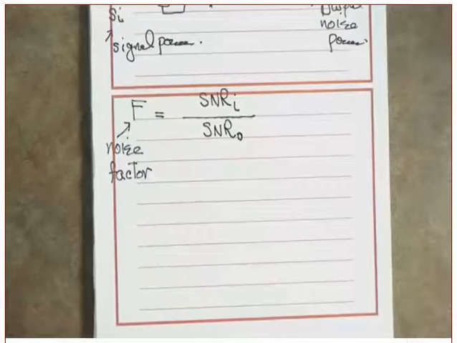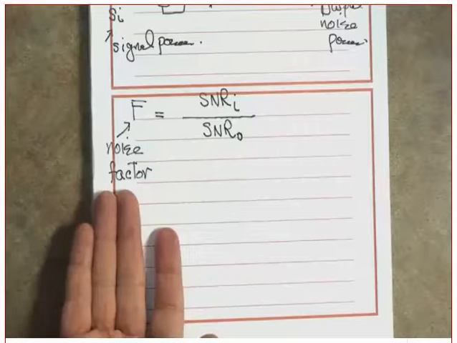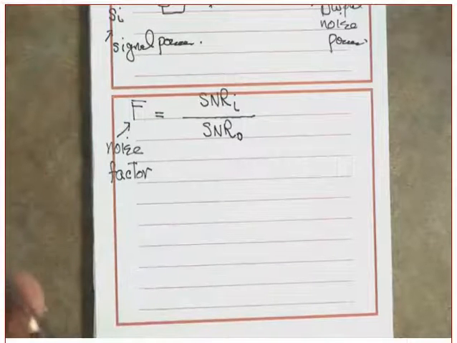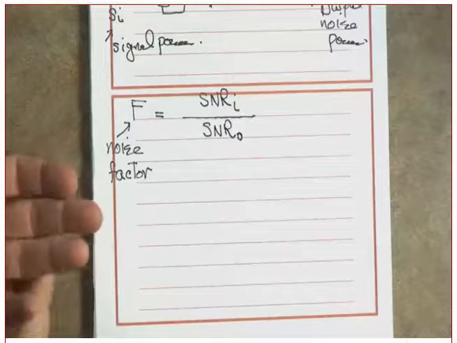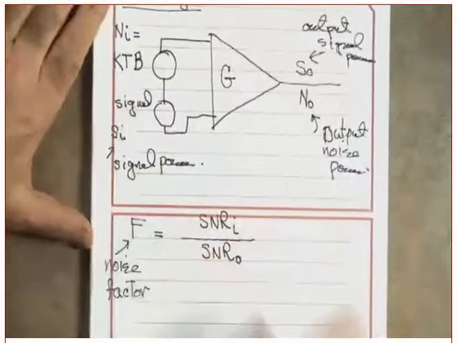The quality of the signal is being degraded. Did you get this or not? So this noise factor is a measure of degradation in the amplifier. Clear? Okay. Now, what is the next dilemma that they faced?